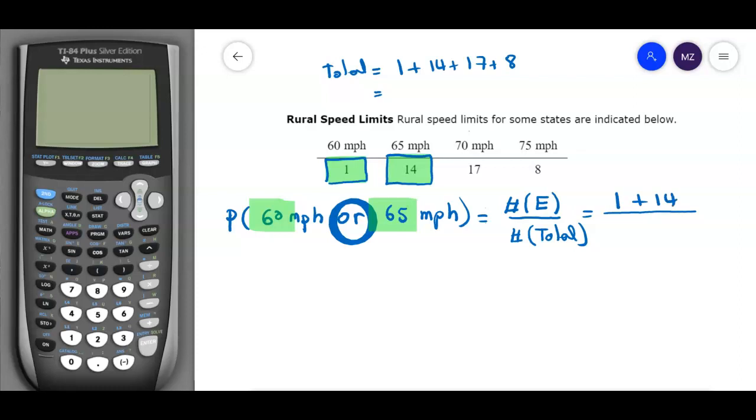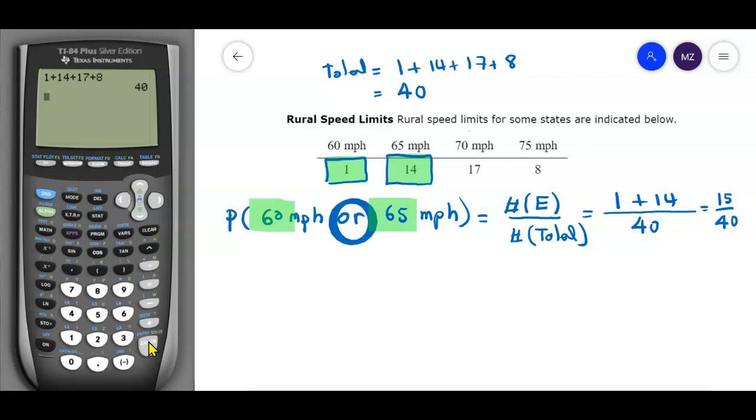Let's go to the total, so I can use the calculator: 1 plus 14 plus 17 plus 8. Please, while you are doing the exams, use the calculator as much as you can, to avoid mistakes. This is going to be 40 on the bottom, and over here you have 15 over 40. If you type in 15 over 40, that will be wrong because you need to reduce it.